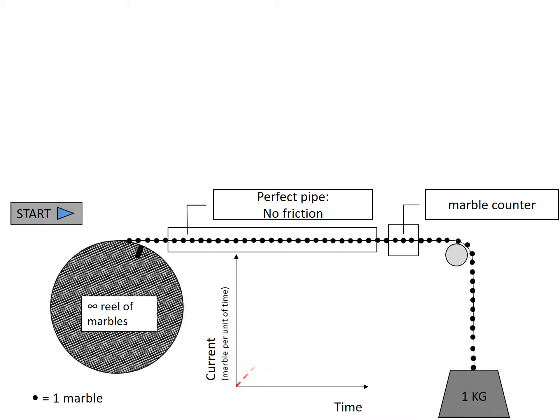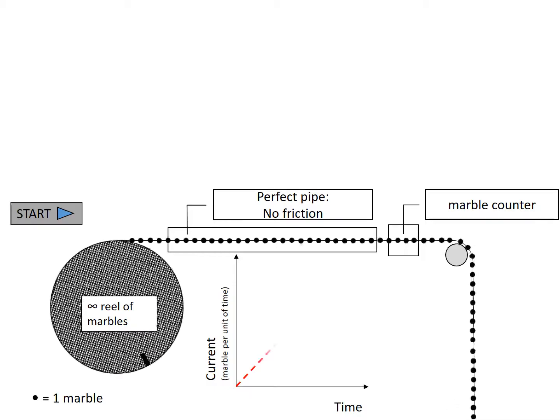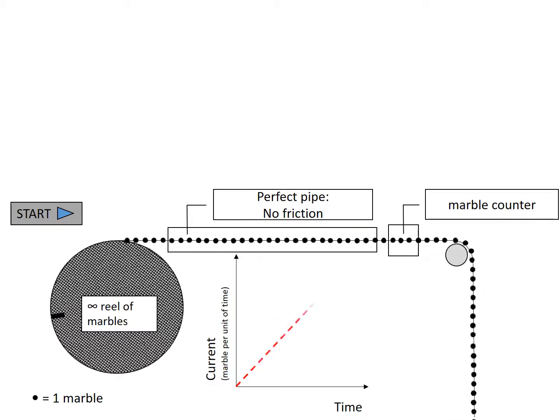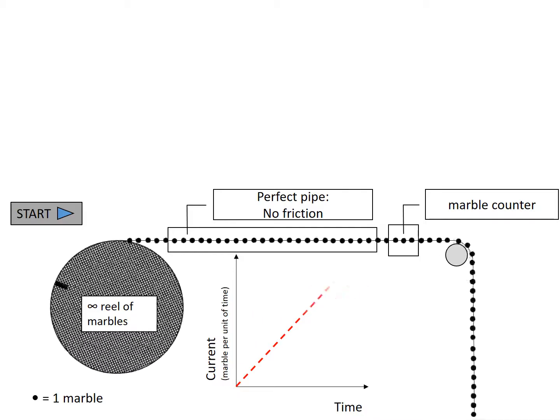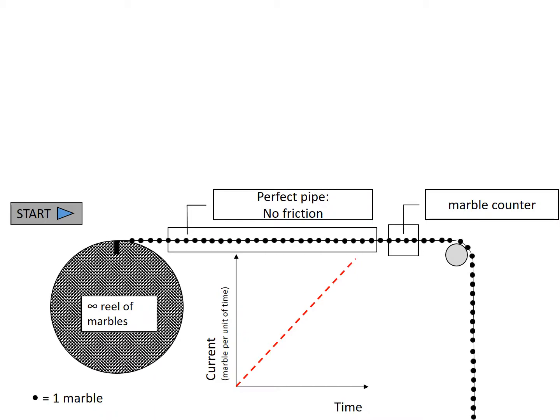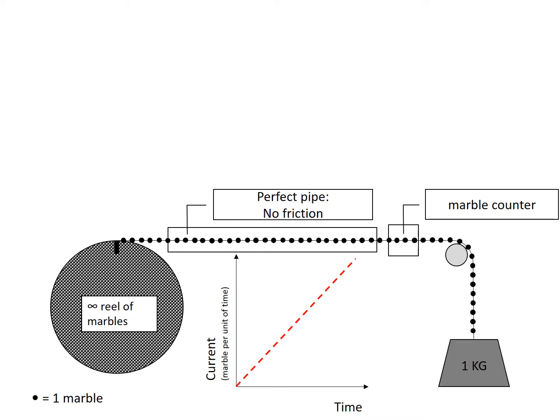We know in this experiment, using Newton's laws, that the current is increasing linearly with time, in the same way that when we drop an object on the moon, this object will increase its speed every second with an increment equal to the gravitational constant at the surface of the moon. Our graphic here is limited in size, but of course, if we had let the experiment go on endlessly, the current would tend toward infinity.